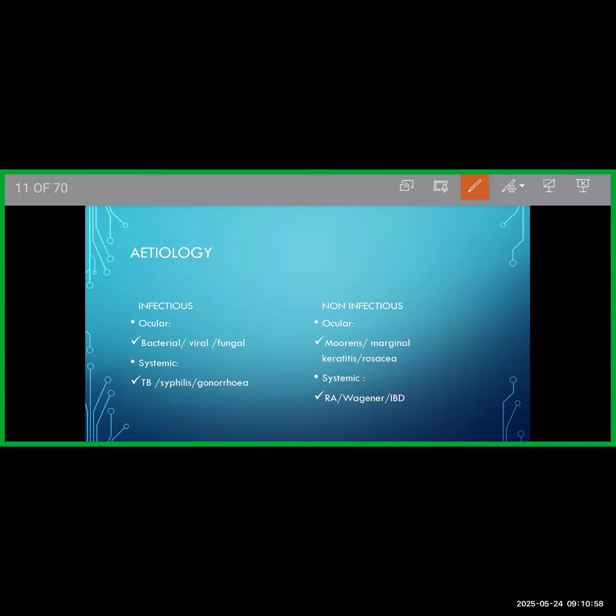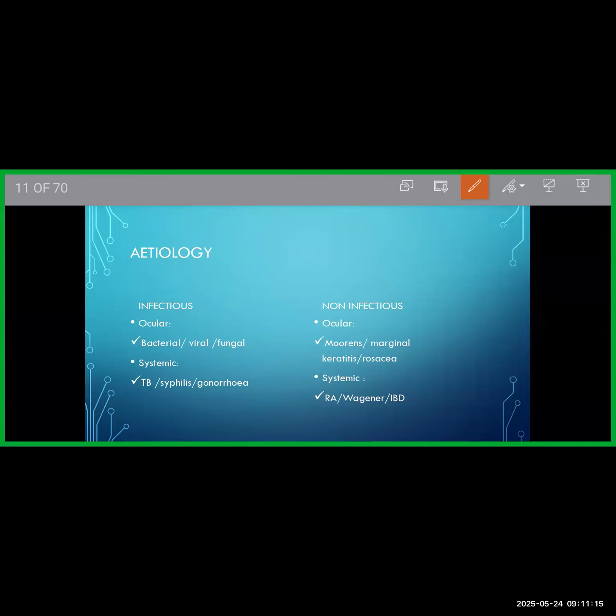Now, the systemic causes of peripheral ulcerative keratitis include rheumatoid arthritis, Wegener's granulomatosis, known as granulomatosis with polyangiitis, and also inflammatory bowel disease.